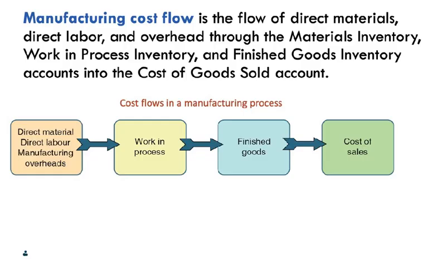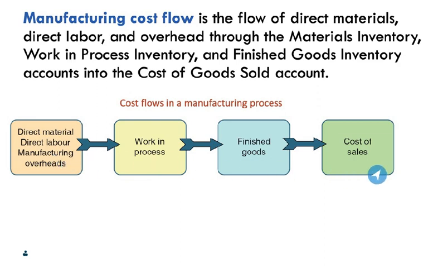We already said that manufacturing cost flow is the flow of direct materials, labor, and overheads through the materials inventory, then to the work in process or WIP, then to finished goods, and then at the end into the account called cost of sales or cost of goods sold. You will remember when we did the statement of profit or loss, we used the cost of goods sold or the cost of sales.